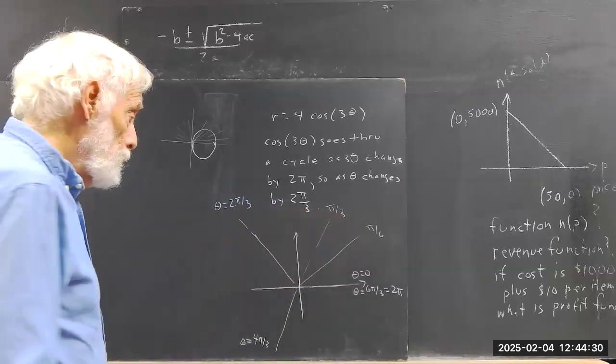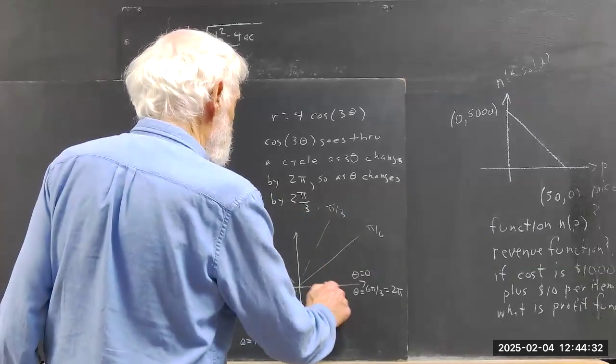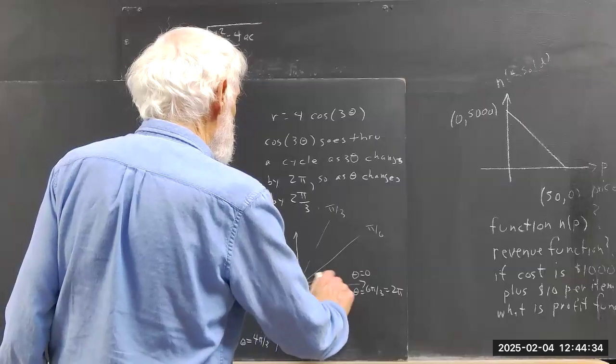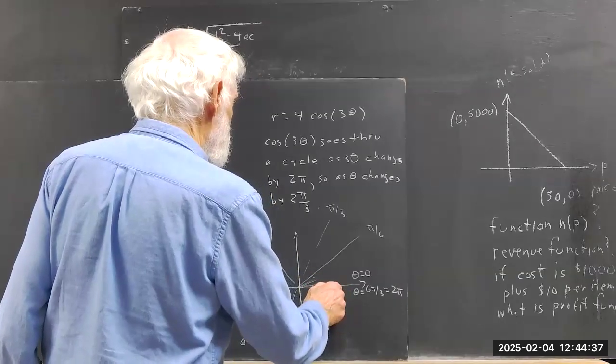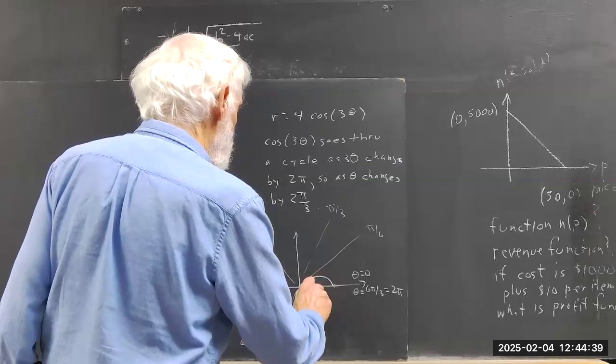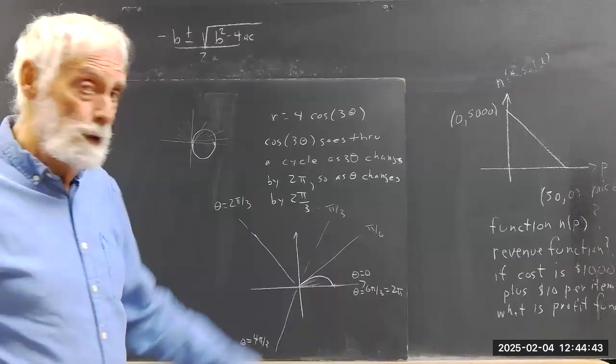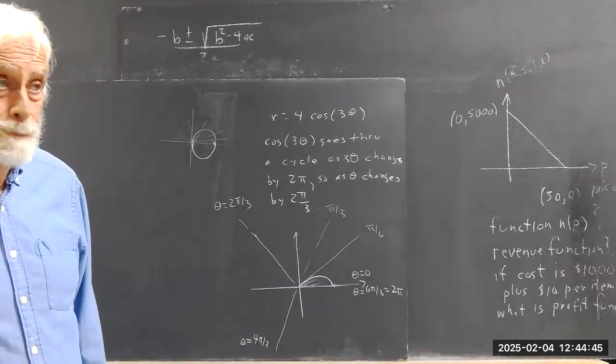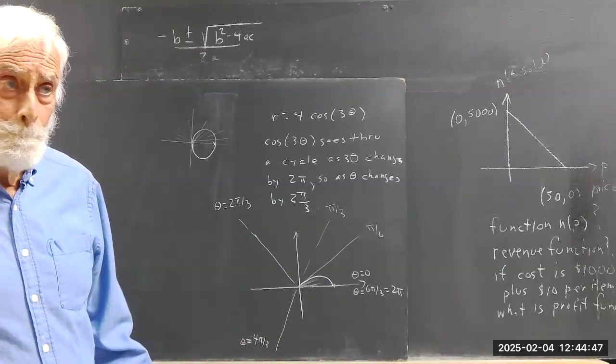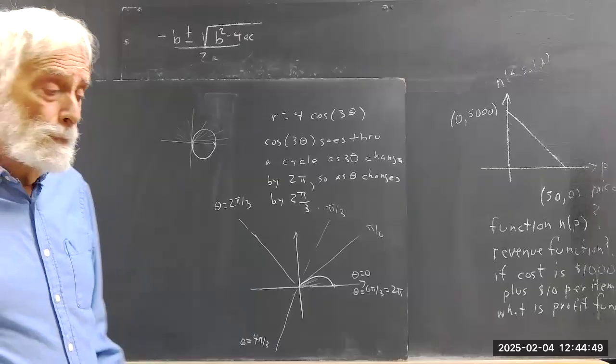So cosine is going to go from 1 to 0 as theta goes from 0 to pi over 6. Does that make sense? Okay.